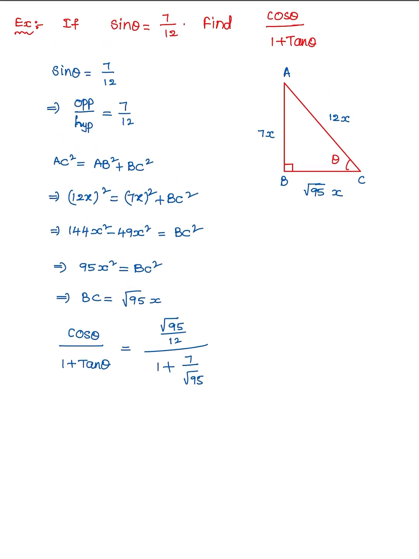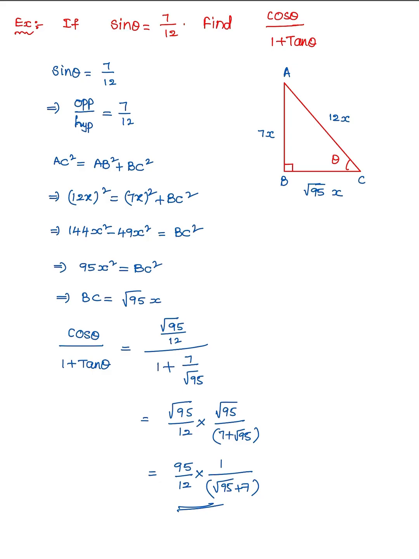That gives root of 95 upon 12 into root of 95 upon 7 plus root 95. So that gives 95 upon 12 into 1 upon root 95 plus 7. This is the value. If you want to simplify further, you can rationalize the denominator also.